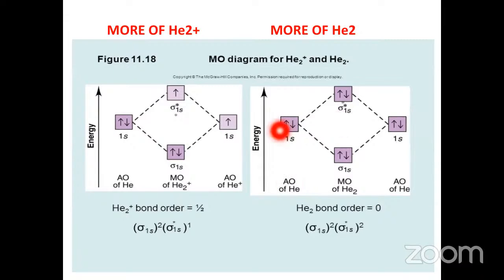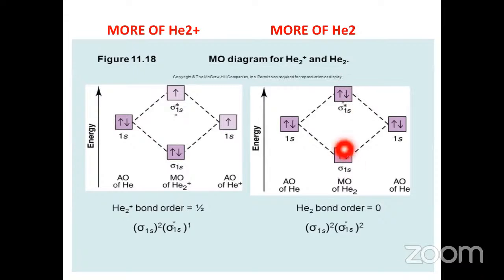So these two electrons first of all enter into the sigma 1s bonding molecular orbital, and next these two electrons enter into the sigma star 1s antibonding molecular orbital. Now its bond order is equal to 0, because bond order is equal to Nb minus Na. Here, how many electrons are present in this bonding molecular orbital? 2. So you will write 2 minus how many electrons are present in the antibonding molecular orbital?